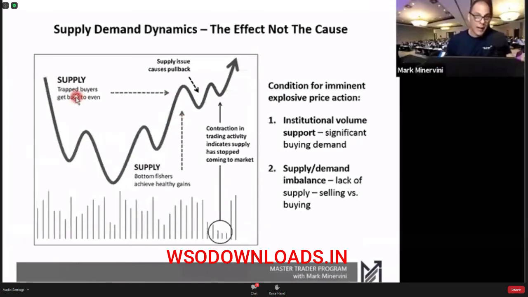You have the trapped buyers that are now seeing their stock come back near break even, close to the price they paid, and they're potential sellers. And you have profits from the bottom fishers, who have a nice profit as it comes up the right side. Those two sellers converge, and that causes the stock to come back down again.